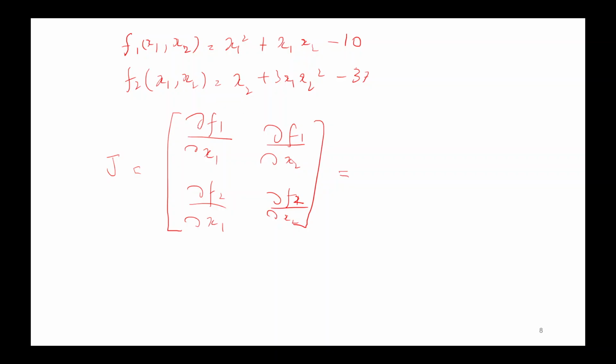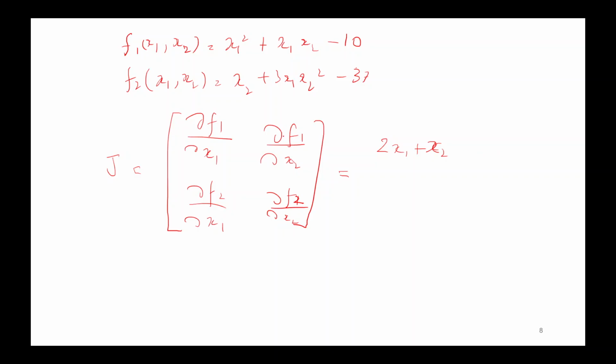which will be equal to what ∂f1/∂x1 is here. So this is x1 square, and you need to differentiate with respect to x1 only. So this will be 2x1 plus x2, because the differentiation of x1 square is 2x1, and for x1 x2, because this is x1, the differentiation will be 1 into x2, so x2, and 10 is a constant, so no value here.